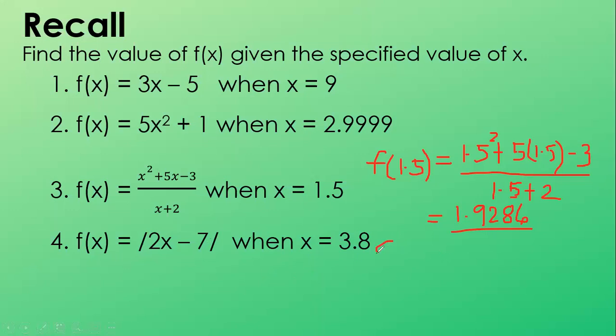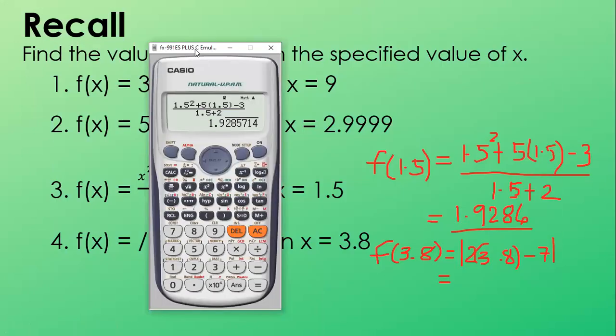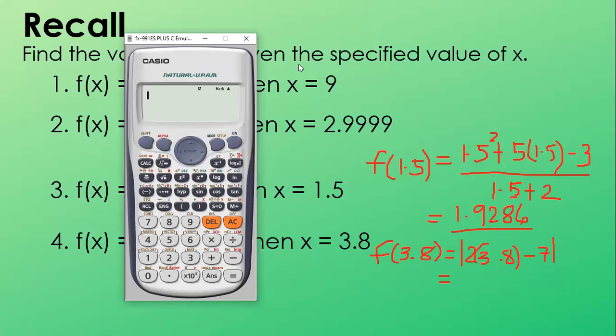Okay, so substitute again. f of 3.8 is equal to the absolute value of 2 times 3.8 minus 7. 2 times 3.8 minus 7 is 0.6.